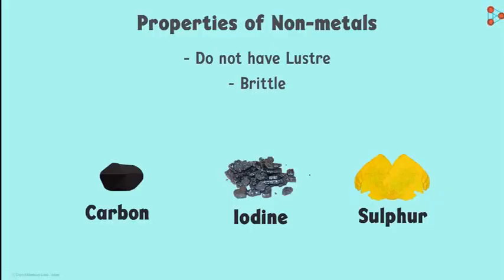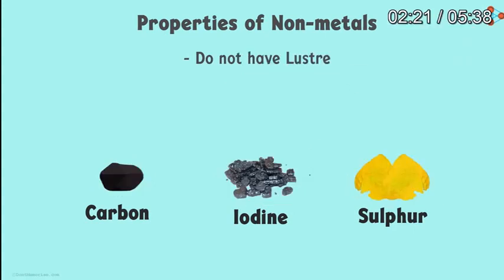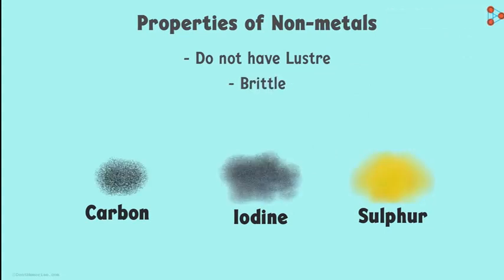Right, so if we are looking at the properties of nonmetals, we'll find that they are brittle, and if they are hit with a hammer, they will turn into a powder. So they can be solid, and then if you hit them with a hammer, you can actually crush them into a powder.